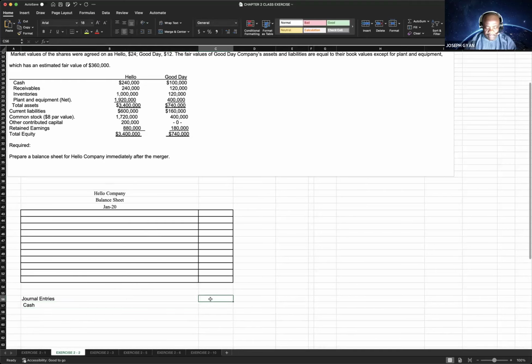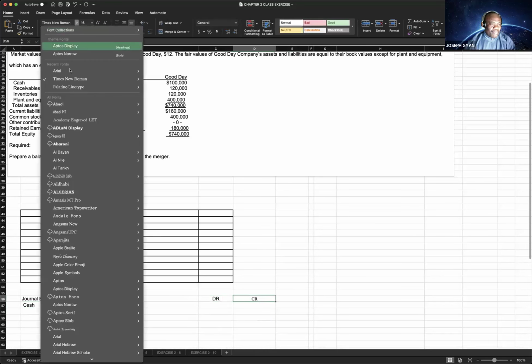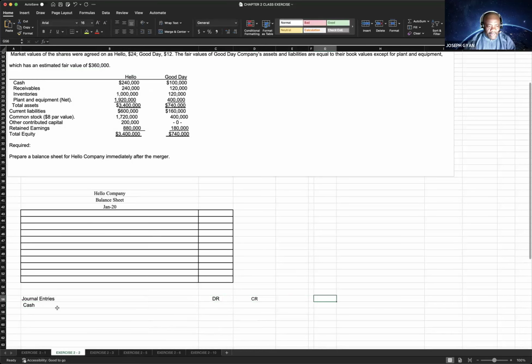Remember, this is your debit, and this is your credit. So the cash is 100,000.